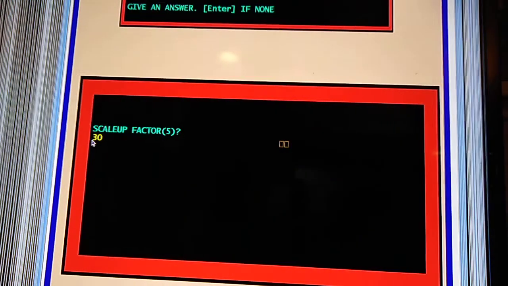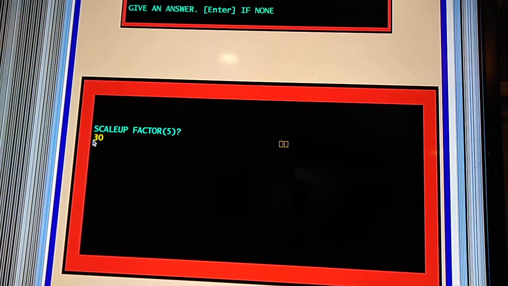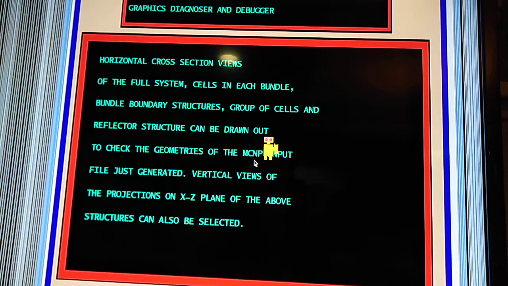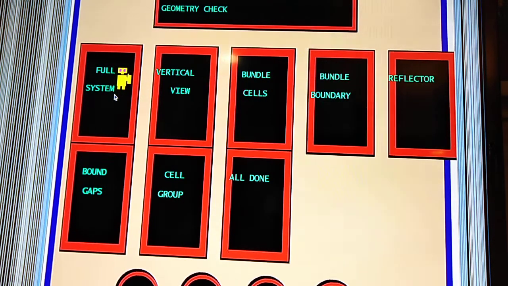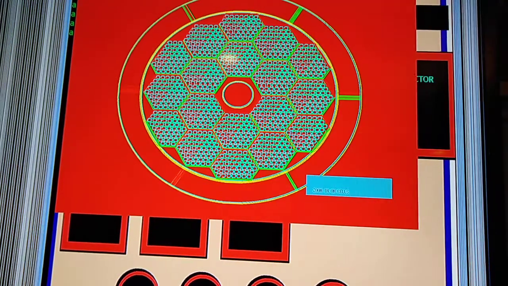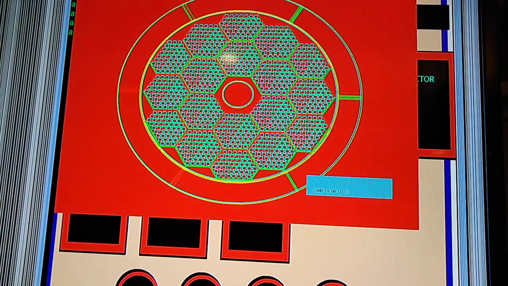Anyway, this is the one. I give a scale factor, horizontal view. Okay, this describes all the things that we try to investigate, and the full system. Okay, look at this one. This is the one that is drawn out by MCMP.